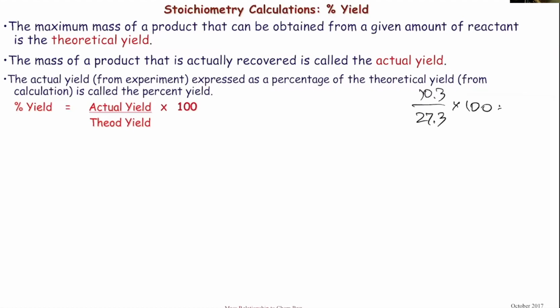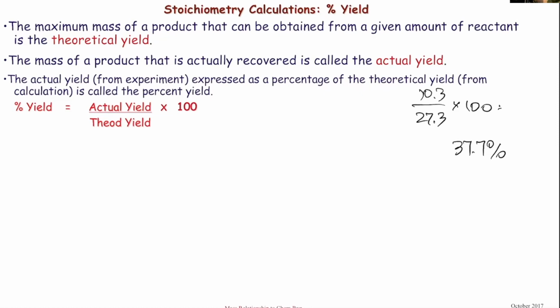That is our percent yield, and that number comes out to 10.3 divided by 27.3 times 100. We only have a 37.7% yield.